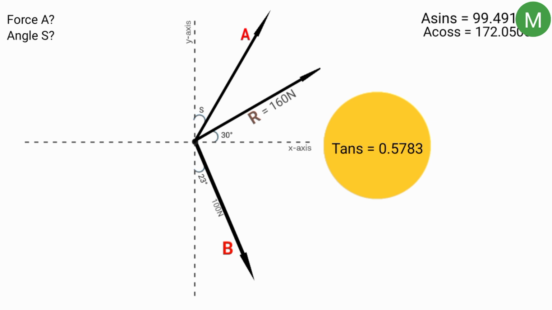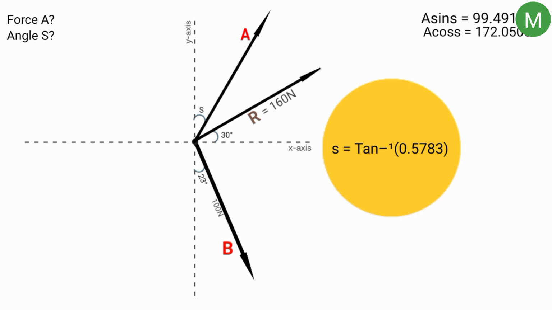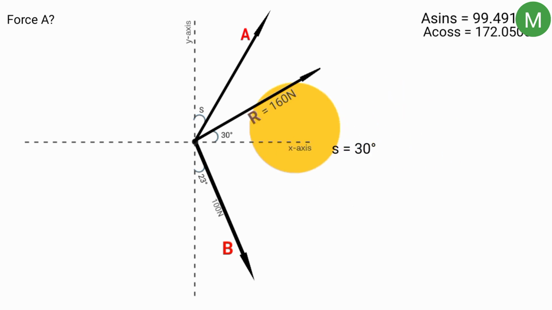To find S now, we find the tan inverse of 0.5783. Now S equals tan inverse of 0.5783, which equals 30.04, approximately 30 degrees. So this angle S now is 30 degrees. To find force A now, we can substitute S equals 30 degrees into any of these two equations. So let's substitute it here.